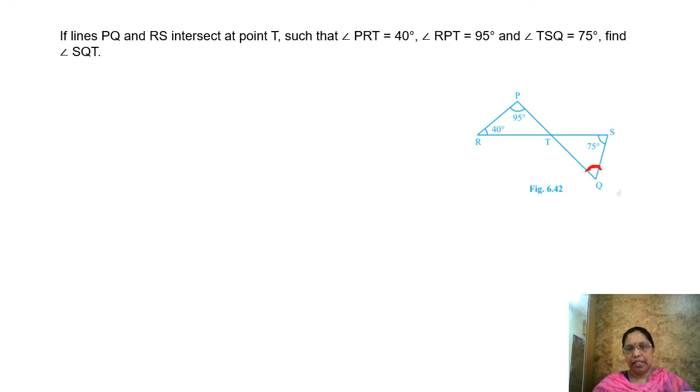Now how are you going to find this? Given this is 40 and this is 95, can you find this angle? How? Angle sum property. That is, you'll get 95 plus 40 plus angle T is equal to 180. Why? Angle sum property of triangle.